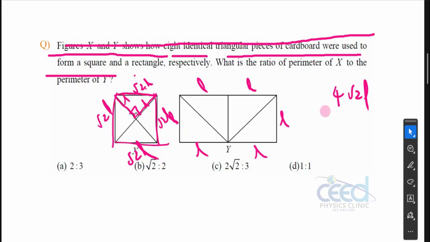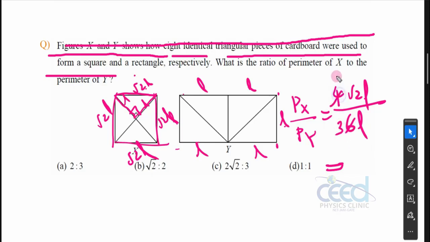Here 2L, 2L, 4L, 6L. Then the ratio, perimeter of X divided by perimeter of Y, equals 4 root 2L over 6L. Now 4 and 6 cancel by 2, L cancels, then 2 root 2 is to 3. Am I right? All right.